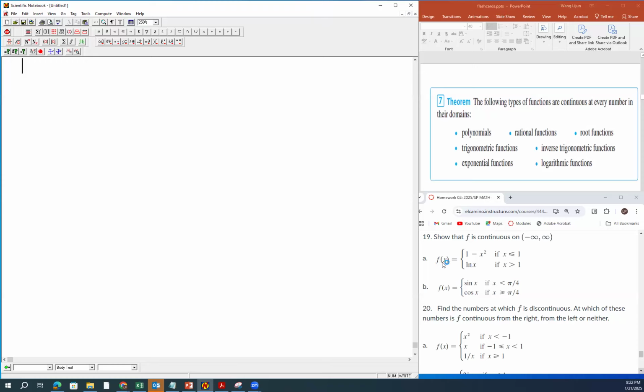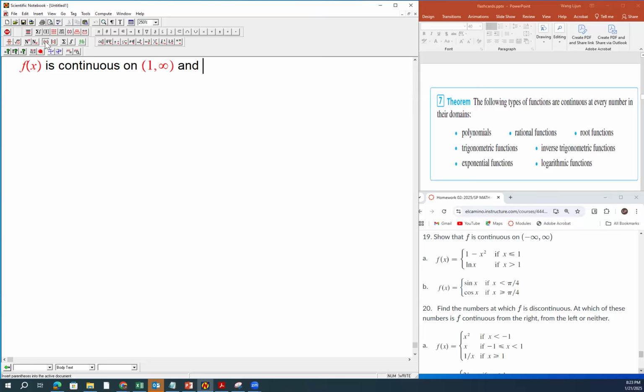Okay, so in this case, for part A, let me type this. f of x is continuous on what interval? From 1 to infinity, because it's a log function, and a log function is continuous in its domain.